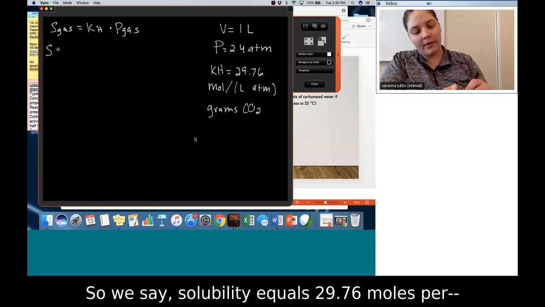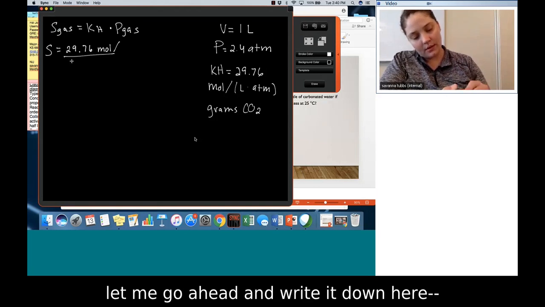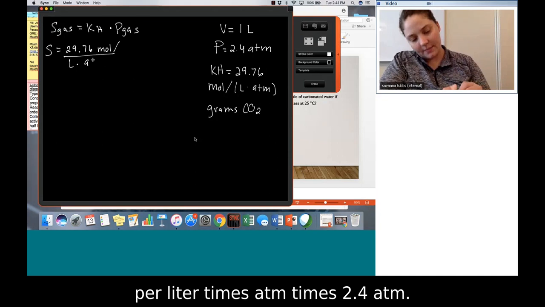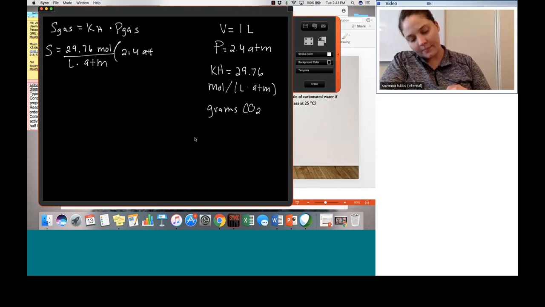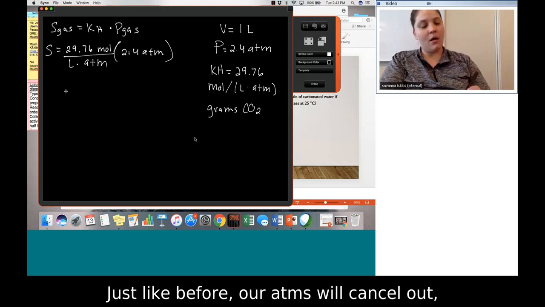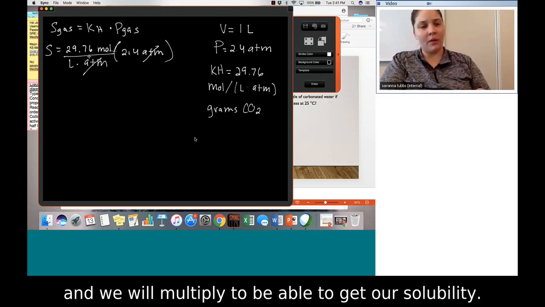So we say solubility equals 29.76 moles per liter times atm times 2.4 atm. Just like before, our atms will cancel out, and we will multiply to be able to get our solubility.